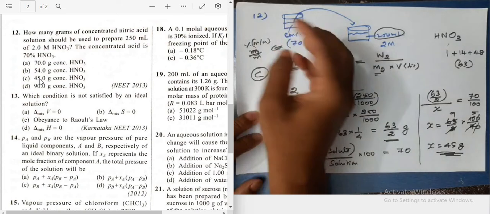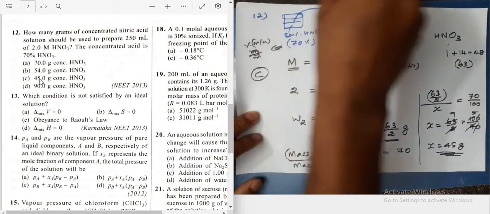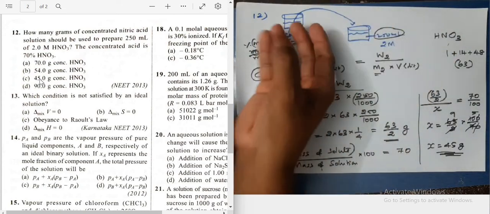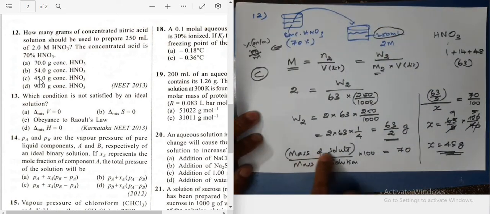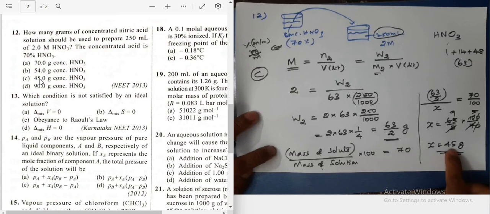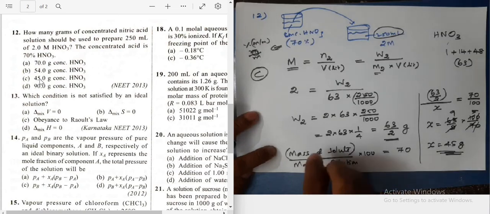In the place of mass of solute, I'll put 63 by 2, let the mass of solution be x, and calculate that x. We have calculated that value is 45 gram. That means if you take 45 gram of solution, it contains 63 by 2 gram of nitric acid.